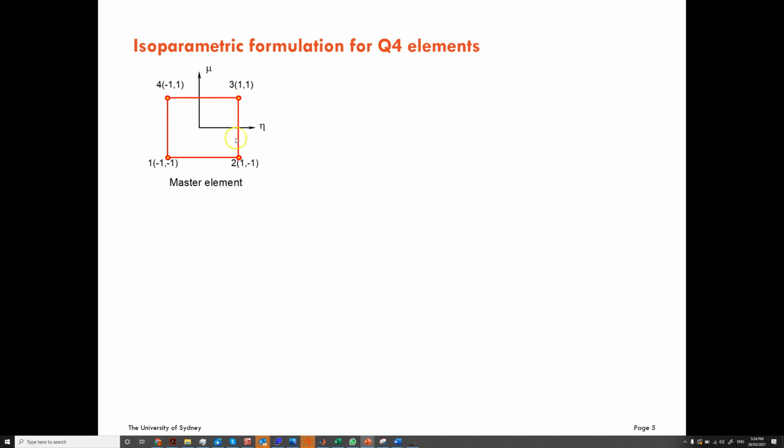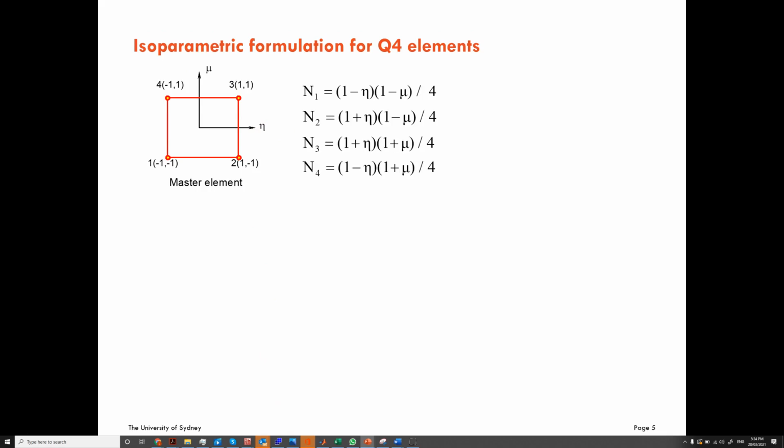It's a square in the parametric space, and the square goes between -1 and 1. So it's a square of size 2, the center corresponds to the center of this coordinate system. So this is called the master element.